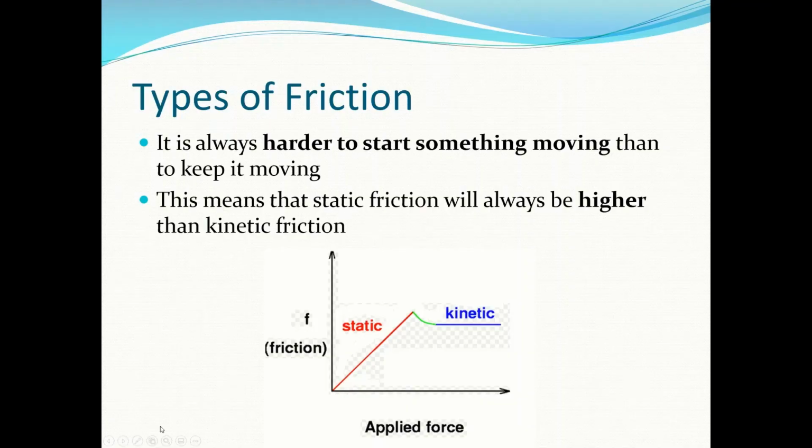So that's what this here is saying, right? So I increase the force, my force of friction is equal, right? So I apply, let's say, 1 newton of force, 1 newton of friction, right? I increase it even more, let's say this is 2, and this is 2.